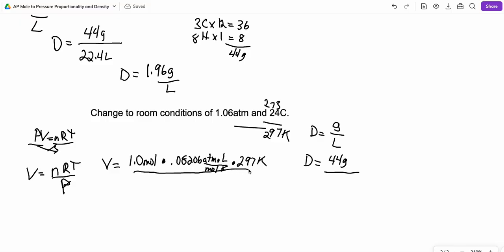Divide that by the new pressure, 1.06 atmospheres.